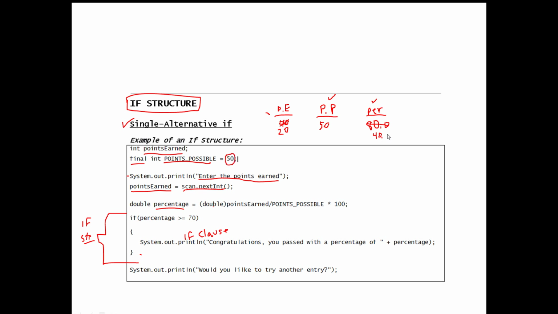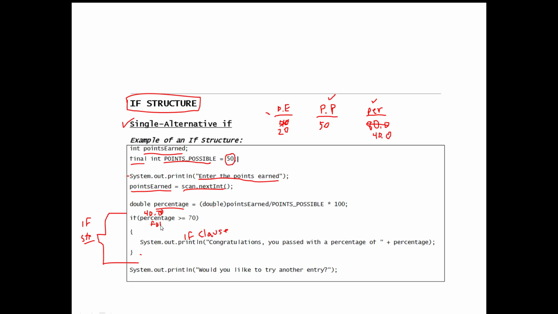Then when it comes to this if statement, it's going to say 40 is greater than or equal to 70. Well, that is false.